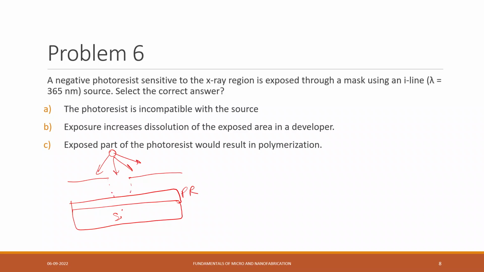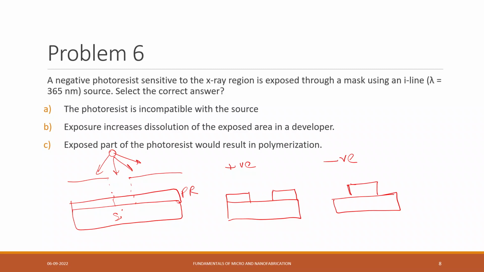Considering this part gets the light, in the case of the positive one we will get a pattern like this. As you told, this part will become soluble, and in negative we will get this part. So this is the difference between positive and negative photoresist.